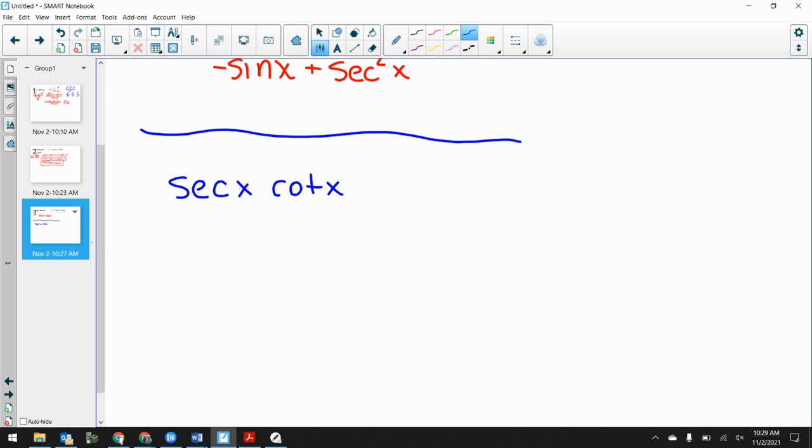Remember that secant is 1 over cosine, right? Secant is 1 over cosine, and cotangent is cosine over sine. You see how I can reduce that? So this would be 1 over sine x, which is technically what?